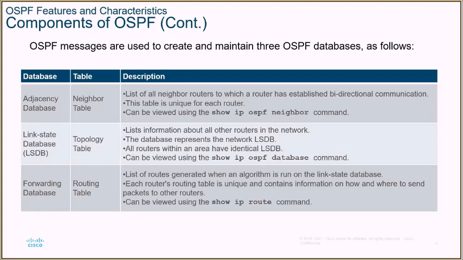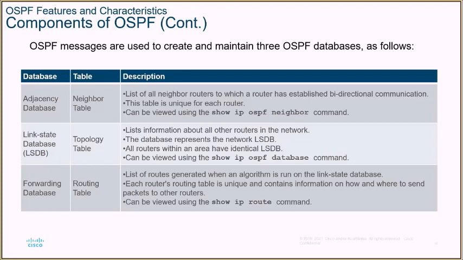So there's a link state database, which basically, as it says, is the topology table. So that is all the information that OSPF holds about all the networks that it's been told about. And so it knows about every router that's in its area, and knows about every network that is in its area.